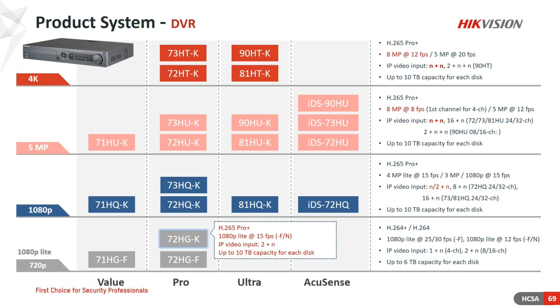And at last, we're going to talk about the DVR. So this is the DVR family. As you can see, we also divide them into different levels like Value, Pro, Ultra, AccuSense, and different levels can support different resolutions.